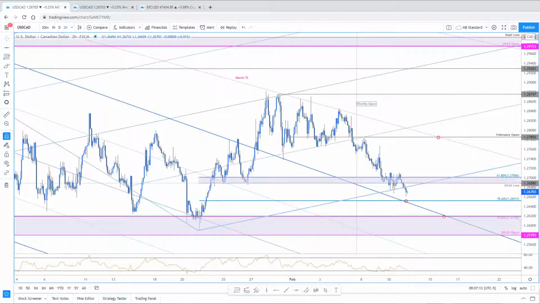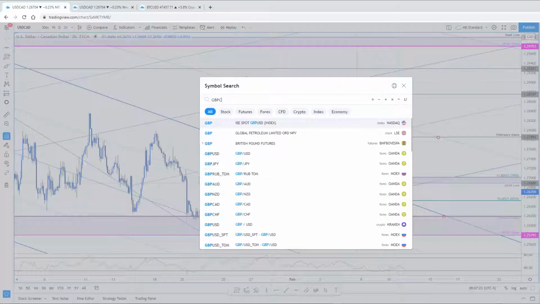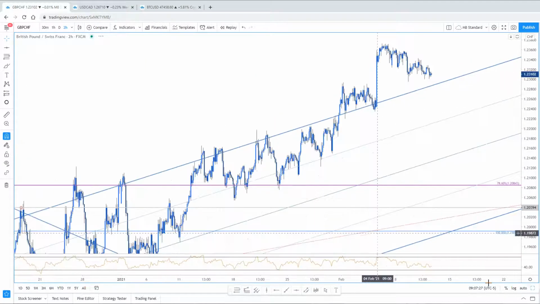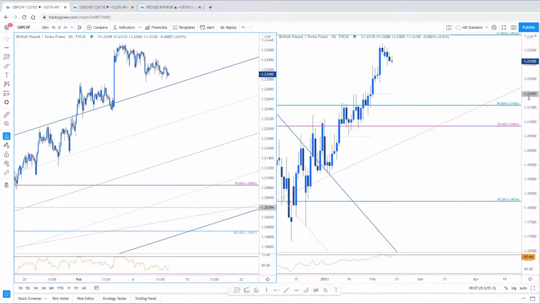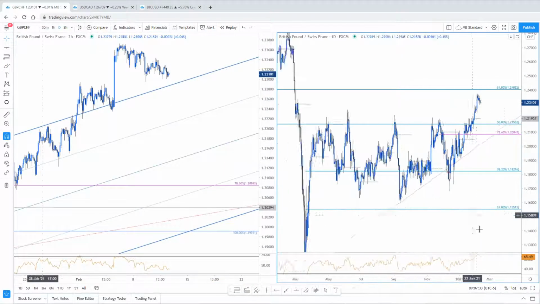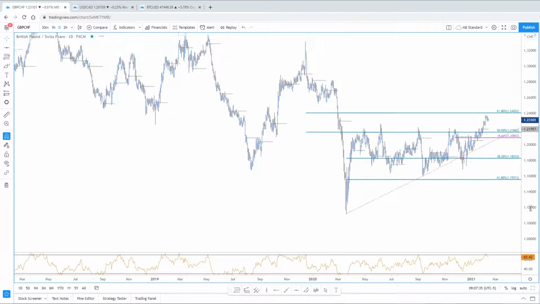Only a few, but Sterling Swiss looks like a break happened. Sterling Swiss. I think you asked about that pair before. That's weird. Great British. Well, I haven't looked at this one in a while, so give me a second here.